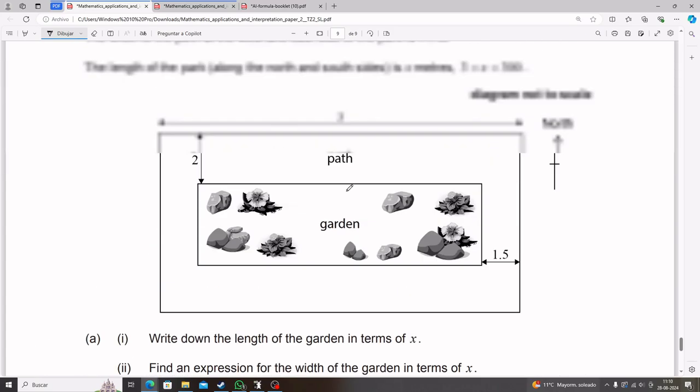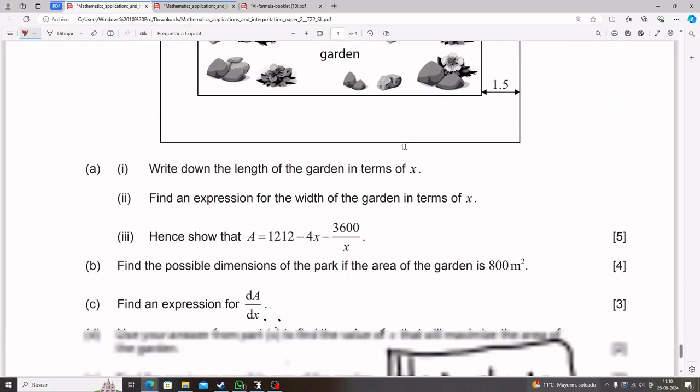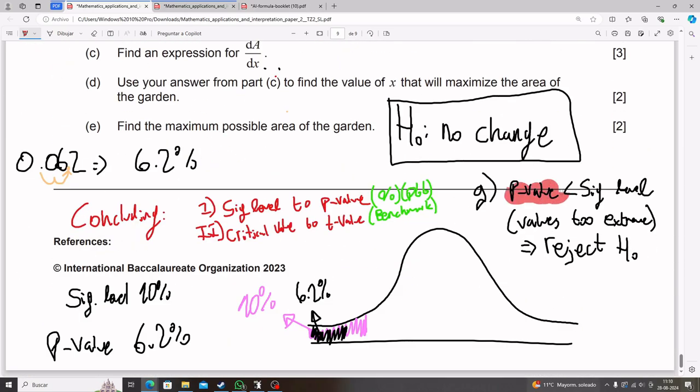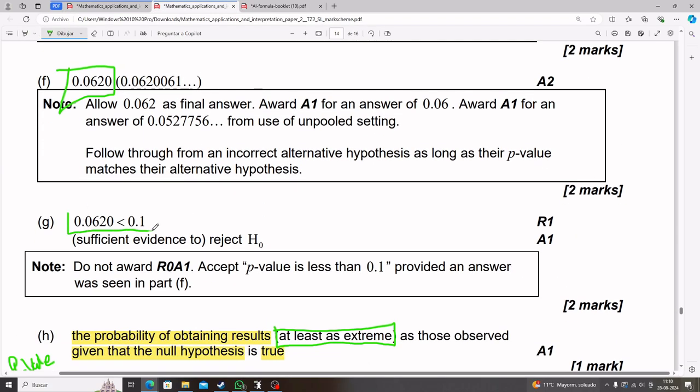So for part G, the conclusion of your test is that you reject H0, and the reason for your answer is exactly what I'm putting now in red. That is your justification, which is literally what they do in the mark scheme. See? They're comparing the p-value to the significance level. Okay?